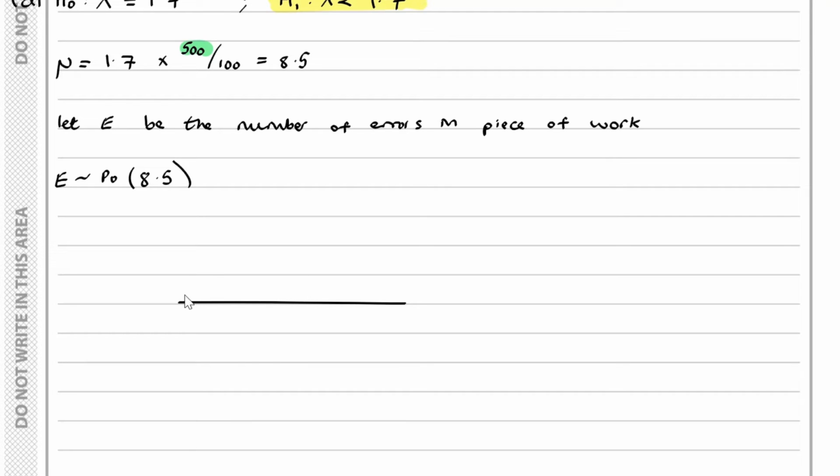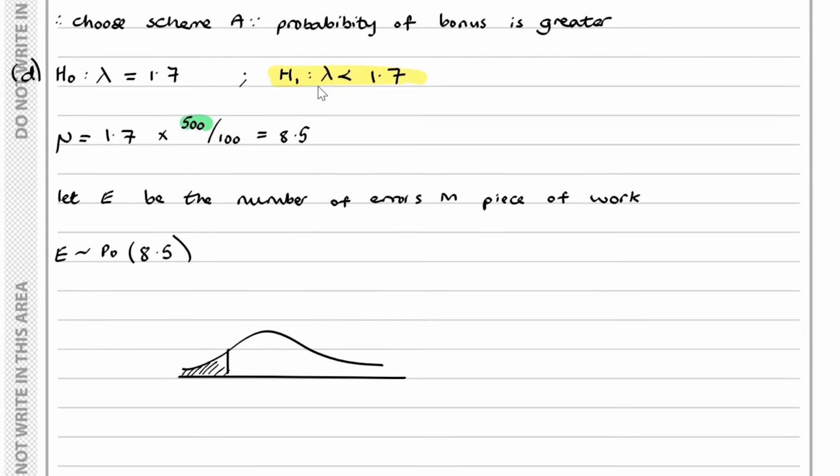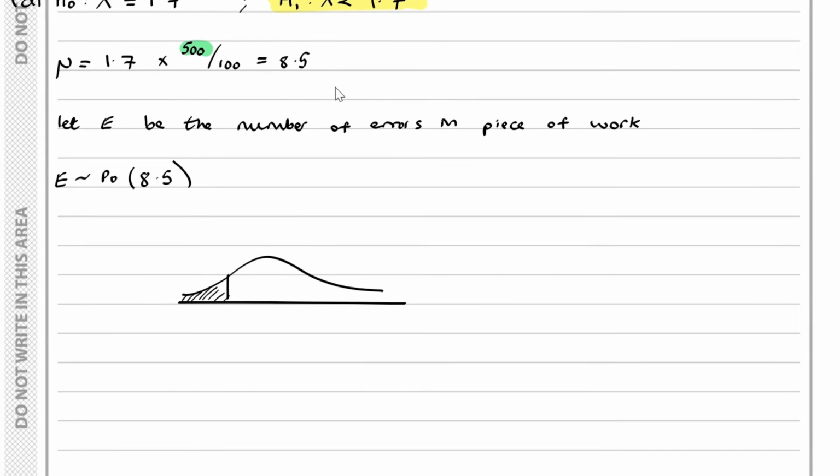So what we have over here then is a lower tail test, because we're looking at if the mean has decreased. We've got a mean of 8.5, and we're looking out for some critical value. We'll call this EL, for E lower, for the lower tail test.